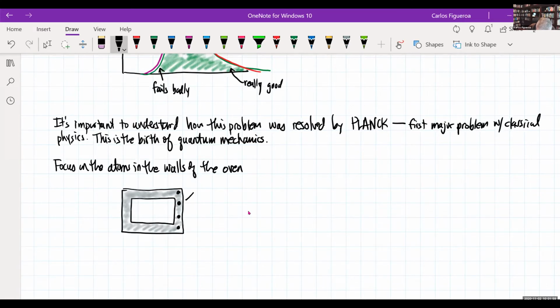So these little guys here are the atoms. And when you heat up the walls of the oven, what starts to happen? You oscillate these atoms.